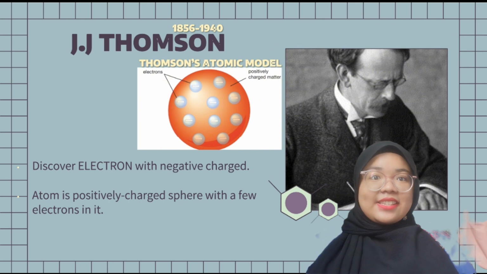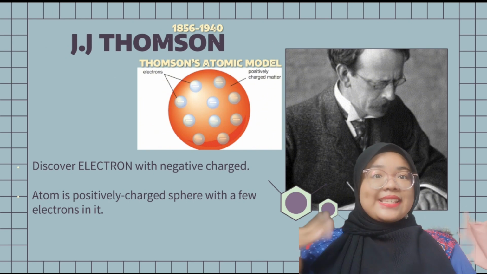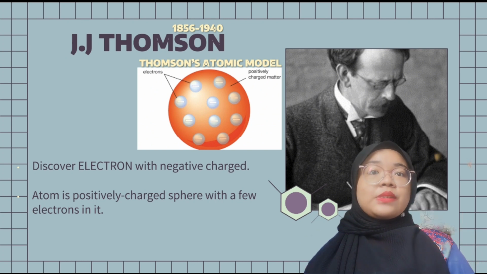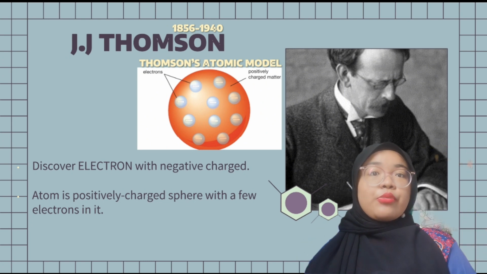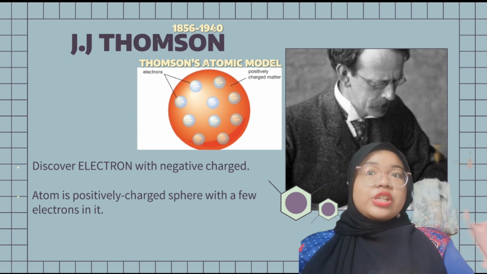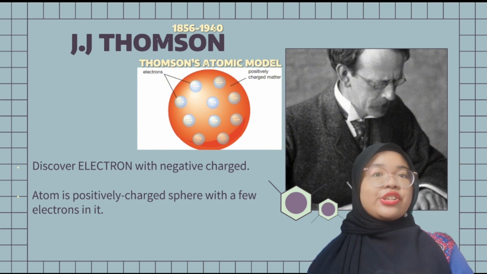Second one is J.J. Thomson. J.J. Thomson's theory was used from 1846 until 1940 only. Basically, J.J. Thomson discovered two new things in an atom, which is the electron with negative charge, and that an atom is a positively charged sphere with a few electrons in it.